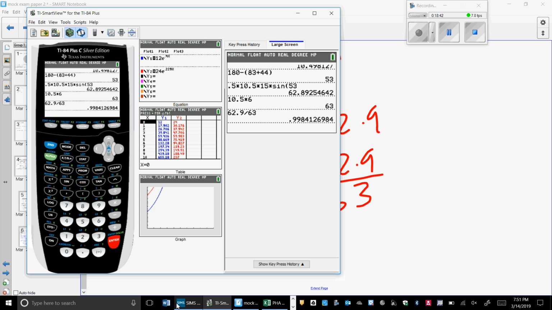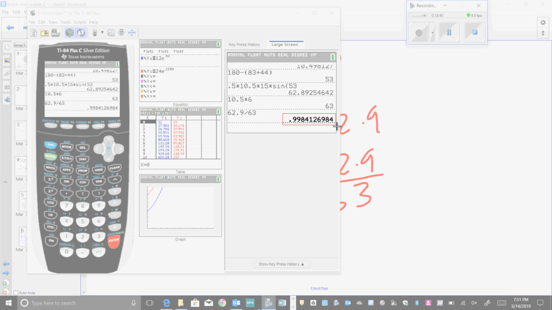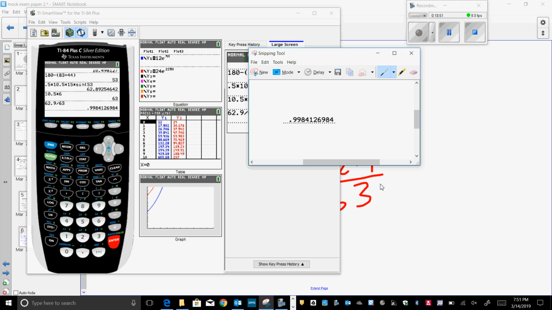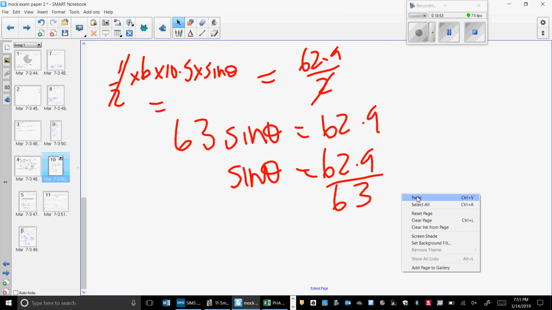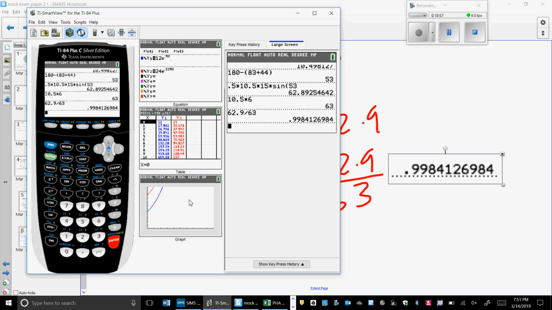So we get this. Okay, and that means we're going to inverse sine that. Which gets 86.8.